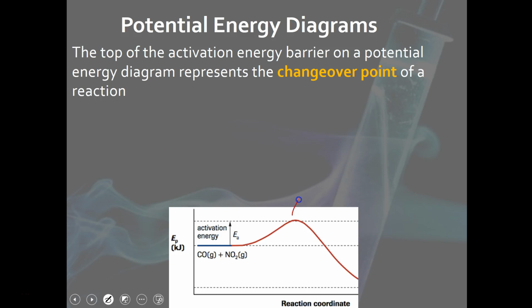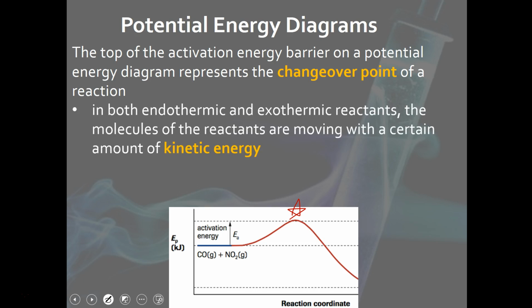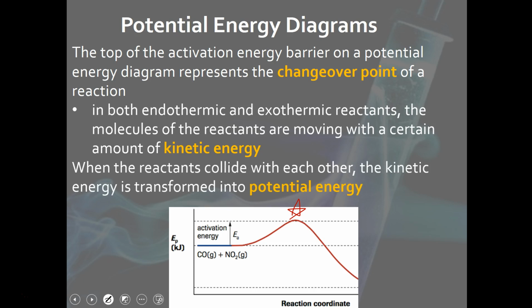The top right here represents our changeover point. At that point, we have what's called an activated complex. In both endothermic and exothermic reactions, the molecules of the reactants are moving with a certain amount of kinetic energy.